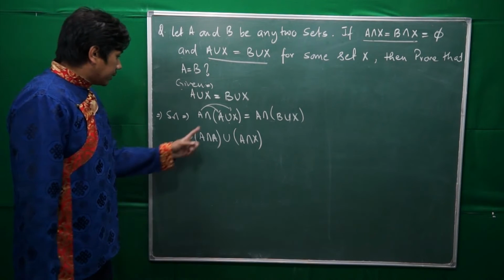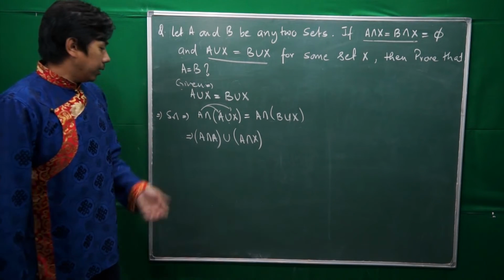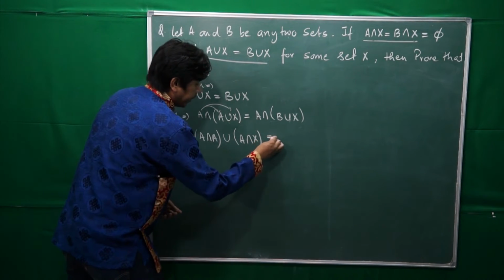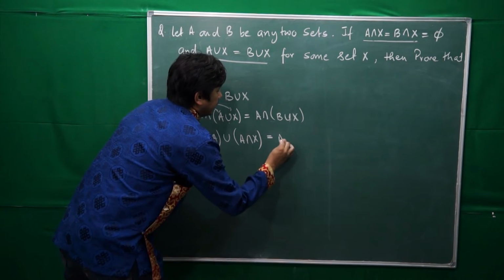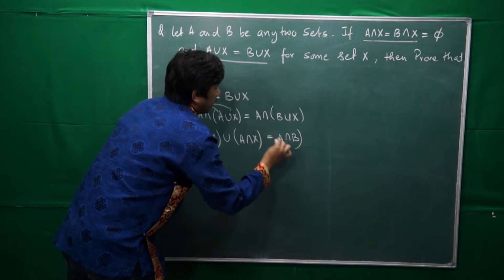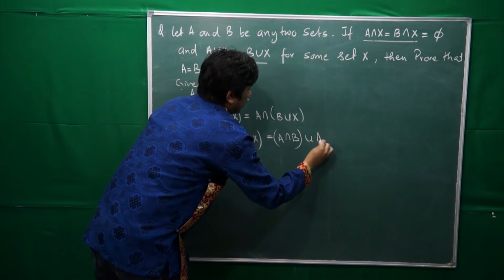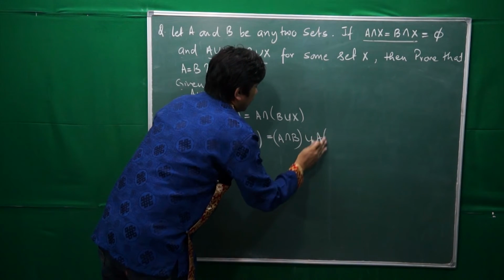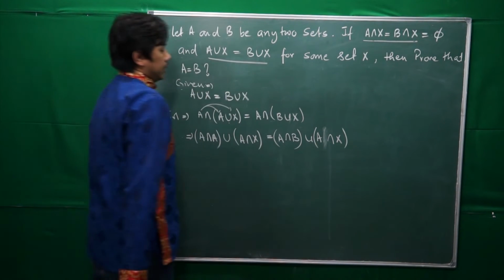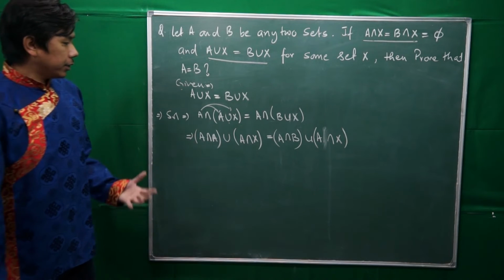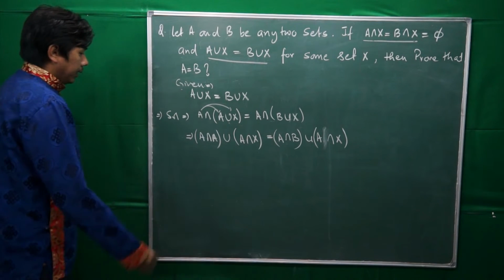Now this intersection has been taken knowingly. We will later know why it has been taken. Similarly, A intersection B union with A intersection X. Okay, so this is going to be your first step.